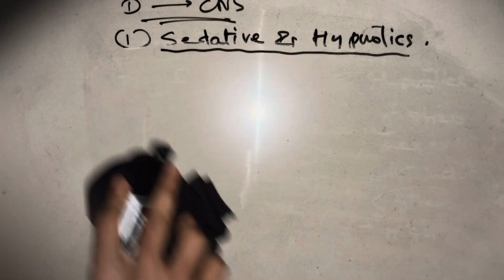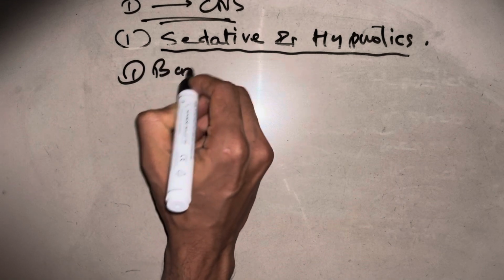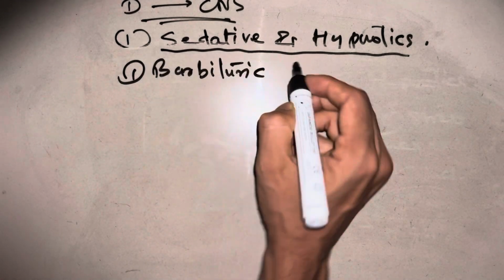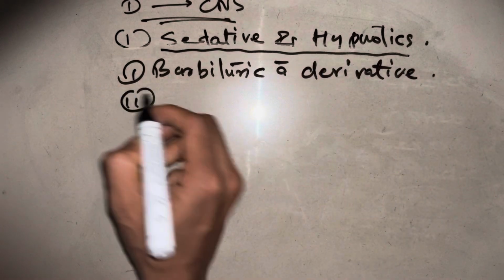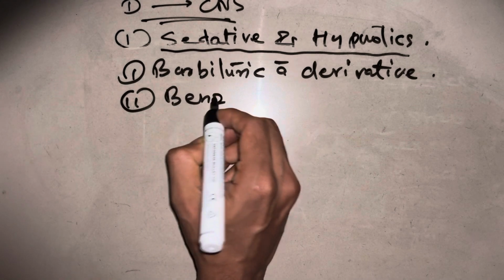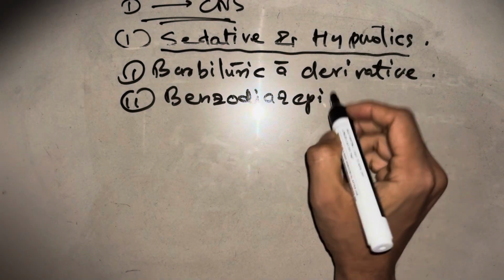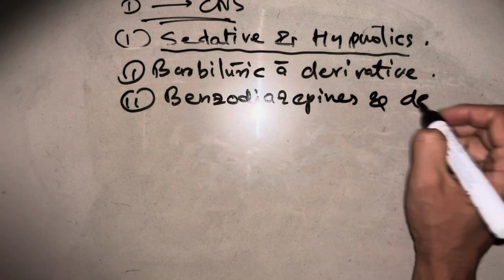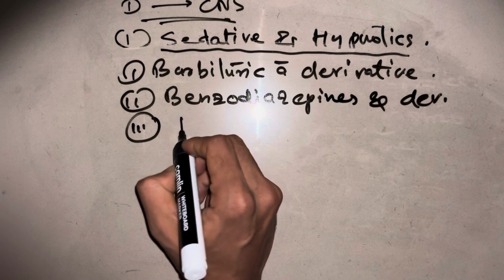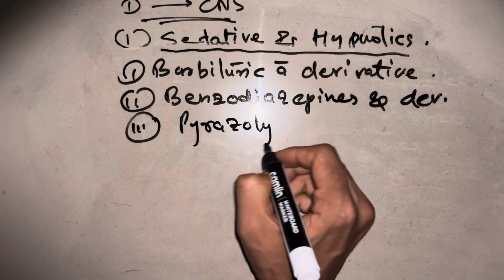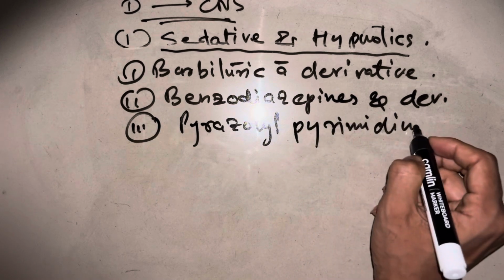So there are 12 different classes of sedatives and hypnotics, and they are: number one, barbituric acid derivatives; number two, benzodiazepines and their derivatives. Next, number three, pyrazolopyrimidine.